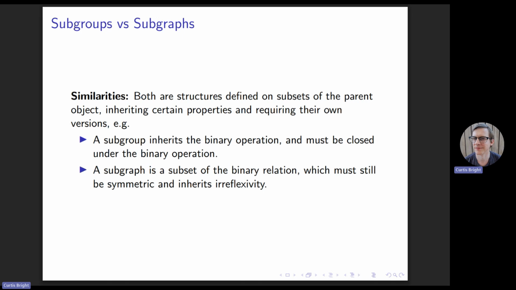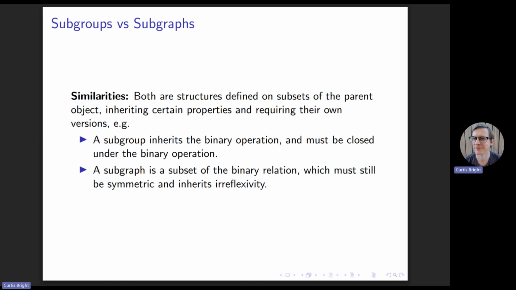When we're talking about sub-objects, so subgroups versus subgraphs, both are going to be structures defined on subsets of the parent object. So in the case of subgroups, the subgroup's set is going to be a subset of the group set. In the case of subgraphs, we'll have a subset of the vertices and a subset of the edges.